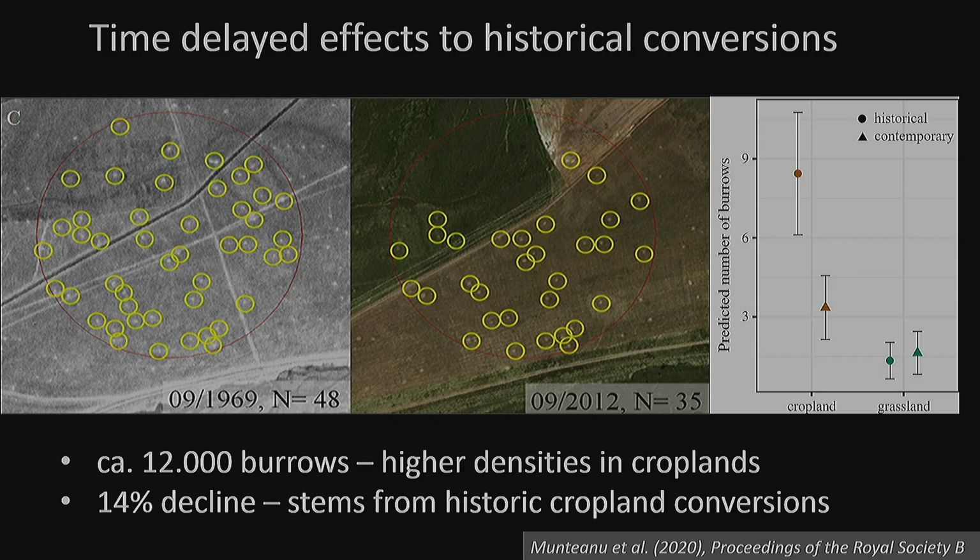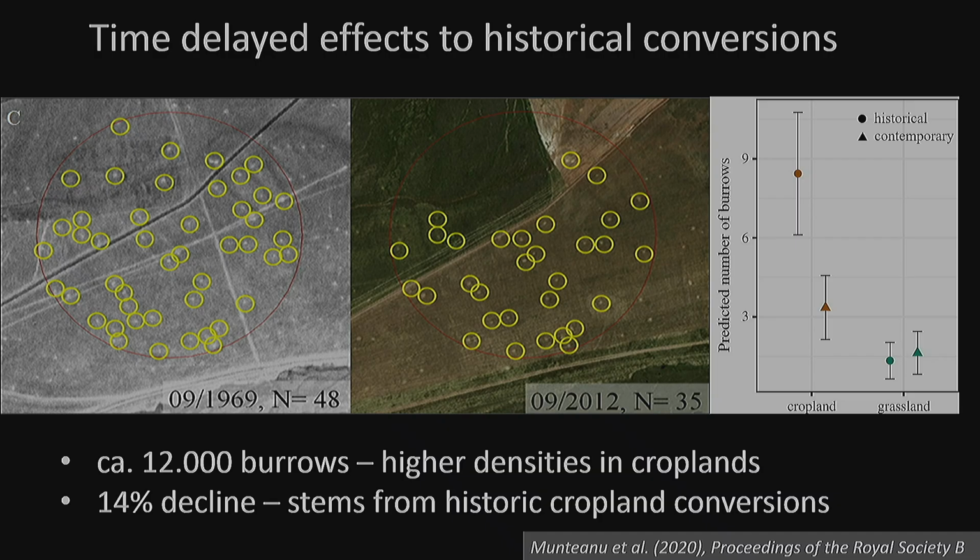We see that this decline stems primarily from declines in the cropland areas, whereas the species actually increased in grasslands slightly. Now this is because, like with the war reparation payment harvests in Romania, Kazakhstan went through something that was called the Virgin Lands campaign.